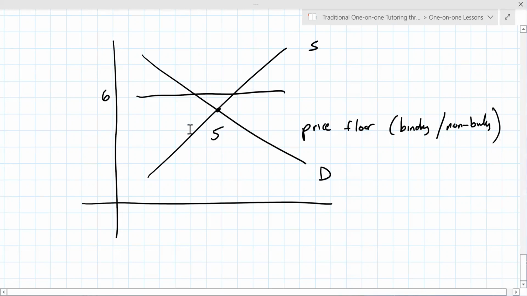Well, this creates some issues, but I'm just asking for something simpler. Who's this good for? Is this good for the consumer or the producer? The consumer has to pay 6 instead of 5, so I don't think that's good for them.